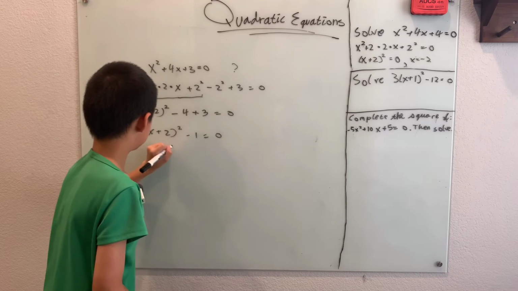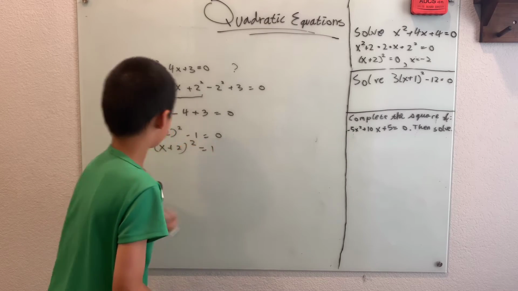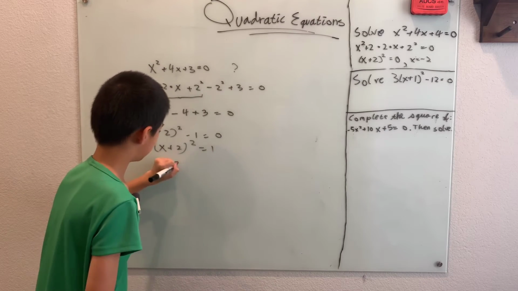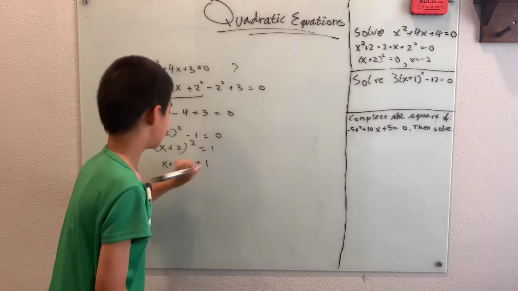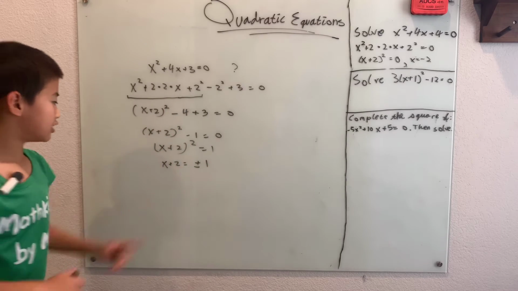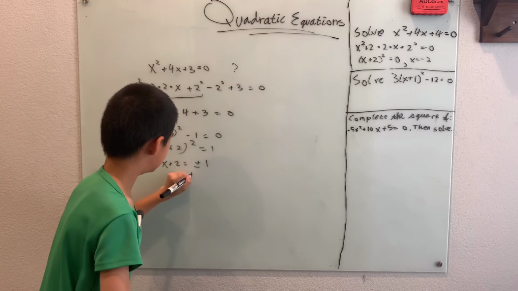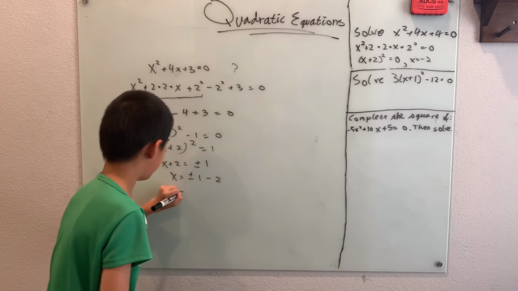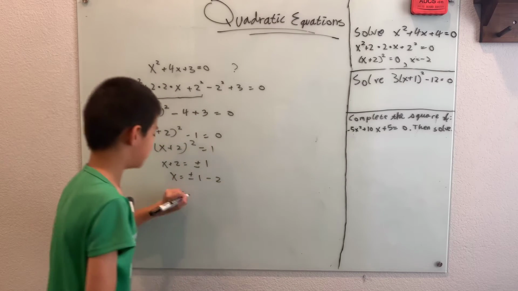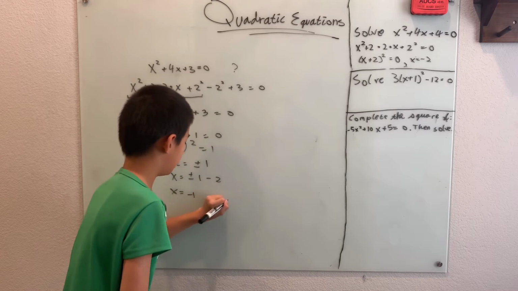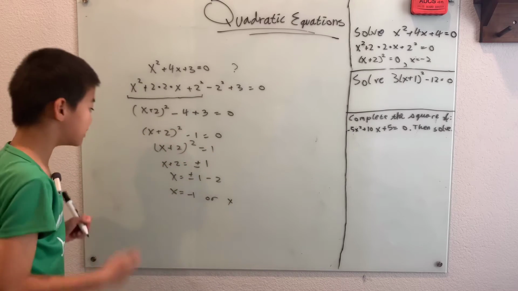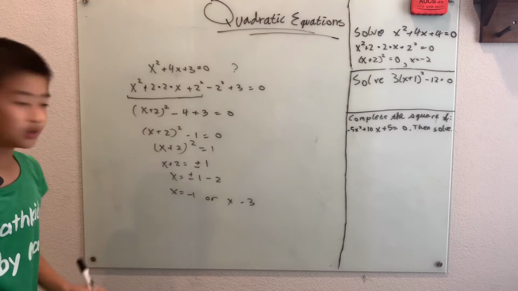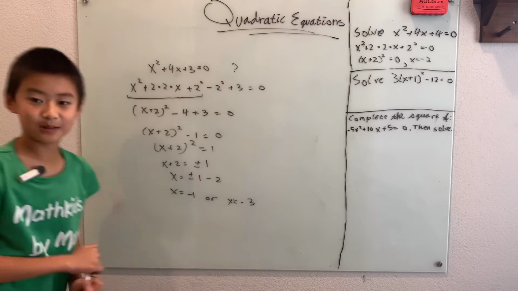The square of x plus 2 equals 1, and taking the square root of both sides, x plus 2 is equal to plus or minus 1, and subtracting 2, x equals plus or minus 1 minus 2. So we either have x is equal to positive 1 minus 2, which is -1, or x is equal to negative 1 minus 2, which is -3.